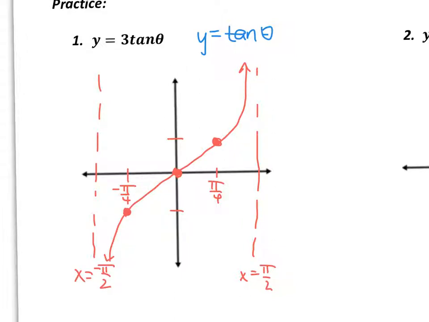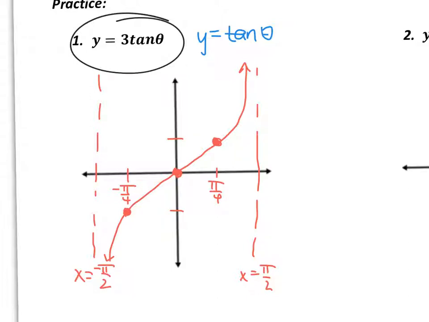All right, so how does the 3 affect that? What's our 3 known as? Doesn't it change the amplitude value? No, you are correct. It's our amplitude value. So how is that going to affect our graph? So instead of pi over 4, 1, it's going to be pi over 4, 3.